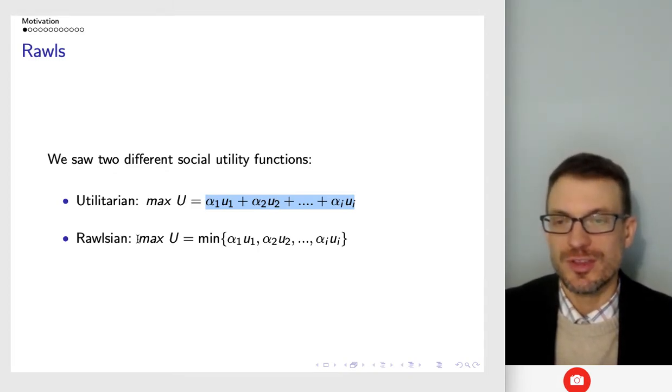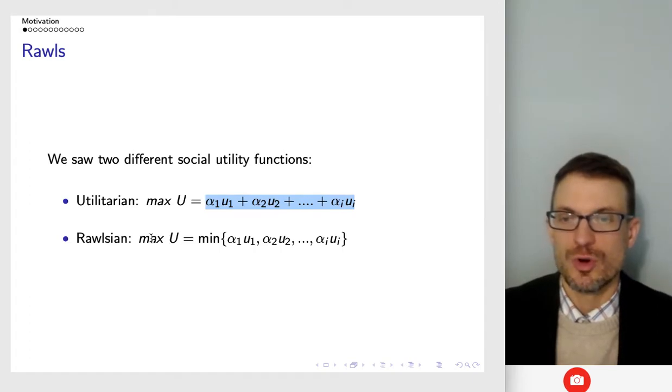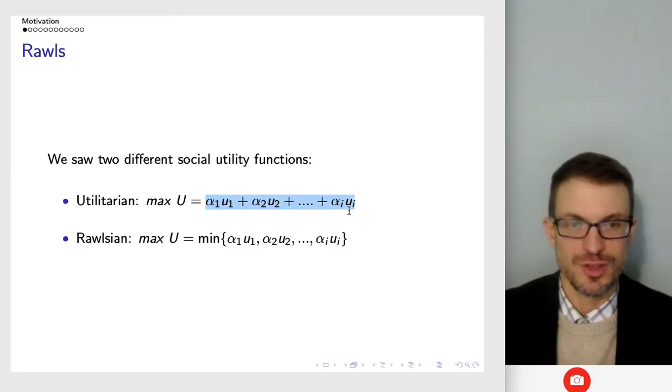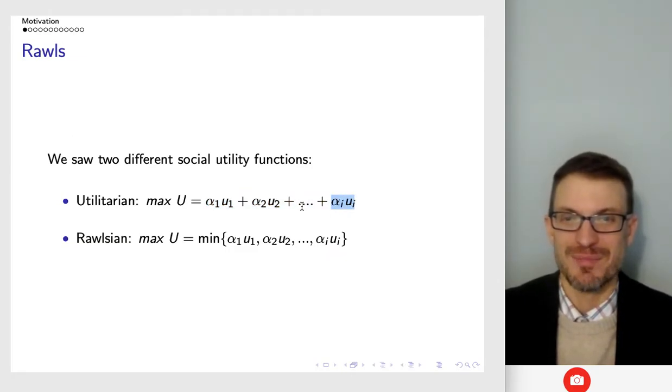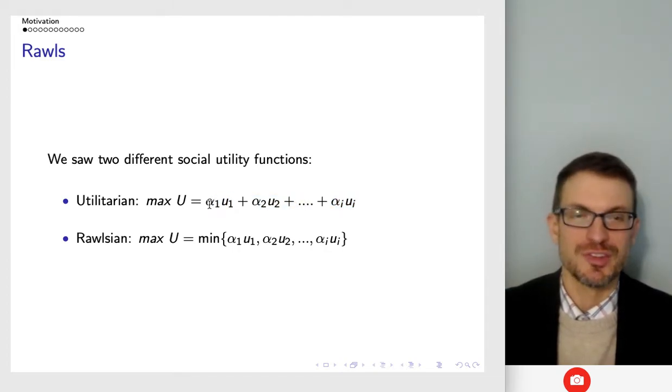A Rawlsian utility function would look like this. So we're trying to maximize the minimum. Right? So think about the minimum utility here. Again, we've weighted utilities. This, right here, is like perfect substitutes, right? So if one of these was massive, that would be the same. If one of these was huge and heavily weighted and the rest were zero, that could give us the same as if they were all equally small, right?